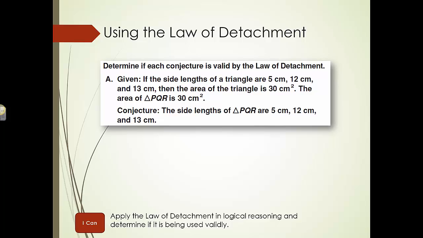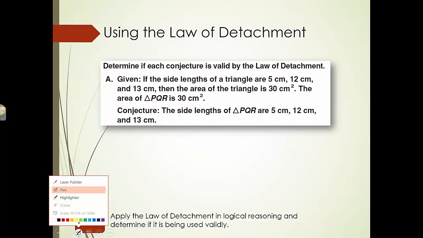Now we're going to use logical reasoning to determine if the conjecture is valid by the law of detachment. Did they use the law of detachment properly here? It says, given: if the side lengths of a triangle are 5, 12, and 13, then the area of the triangle is 30 square centimeters.